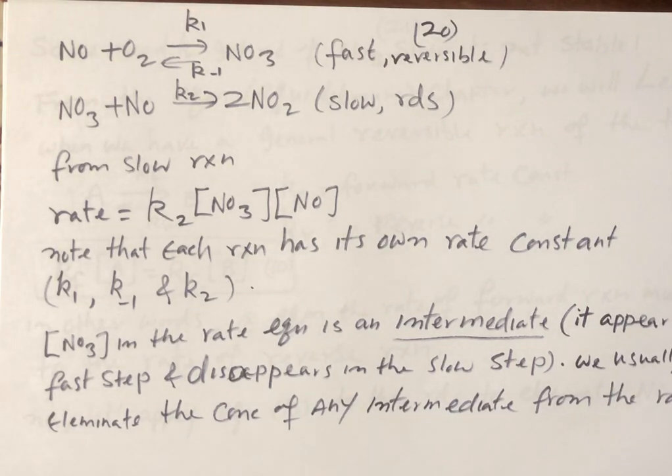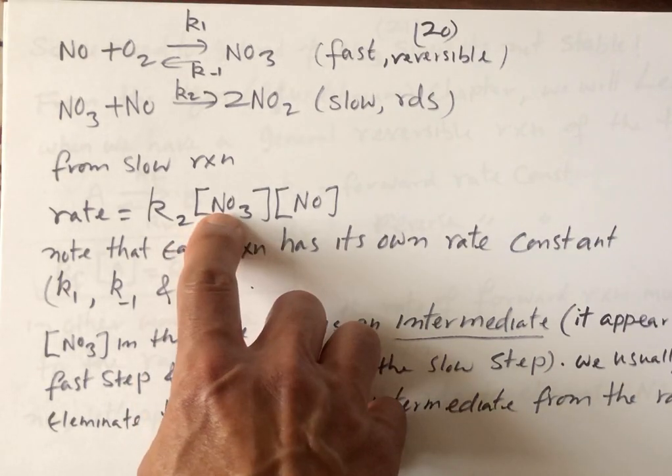And it's hard to measure their concentrations. They have a short lifetime. They appear, they disappear. So we don't want to base our rate law on the concentration of a component that does not have a well-defined concentration, or something that appears in one step and disappears in the other step, like NO3. So the intermediate, which is NO3, must be eliminated from this rate law.